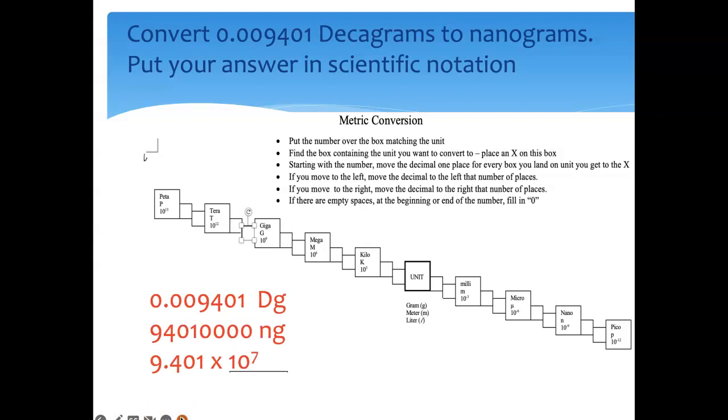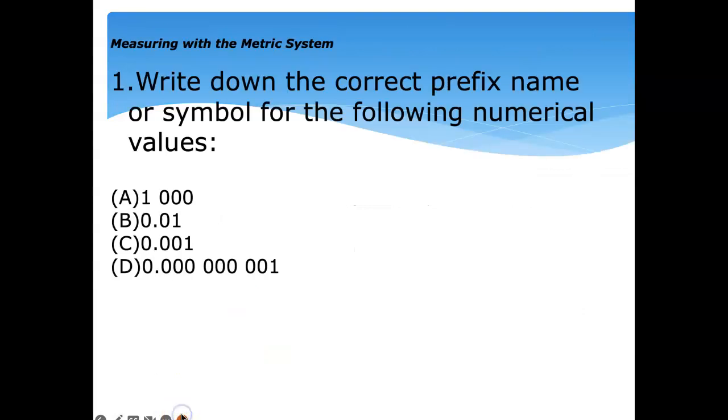And so I'm starting at my decagrams and going down to my nanograms, moving that decimal as I go. And so forth like that. So make sure that you have practiced up on those.